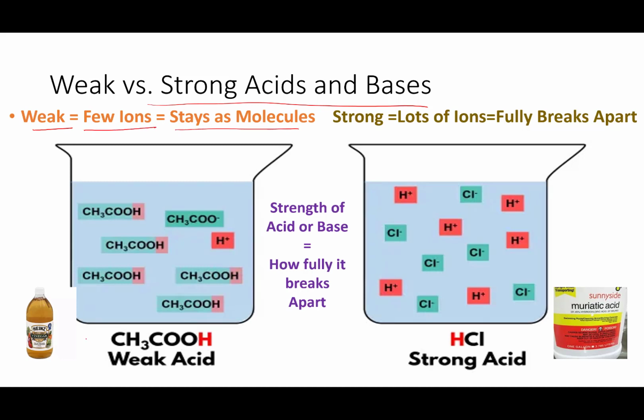Something like vinegar. You have a vinegar water solution, you're going to have mostly molecules, and very, very few ions. A strong acid or base is going to produce lots of ions. They're going to fully dissociate, which means fully break apart.